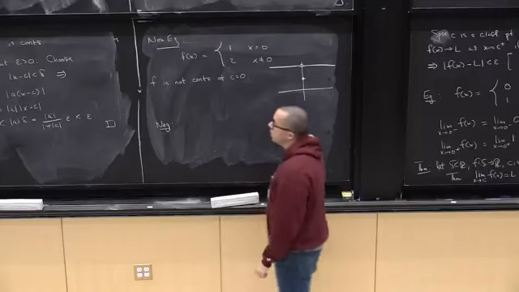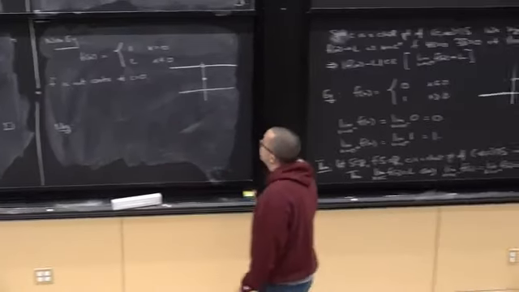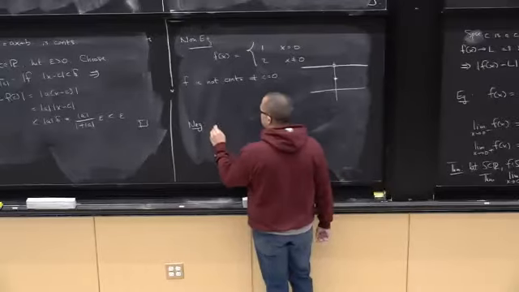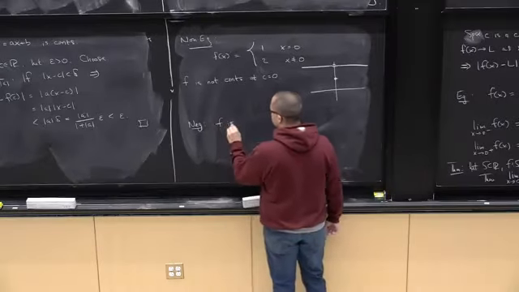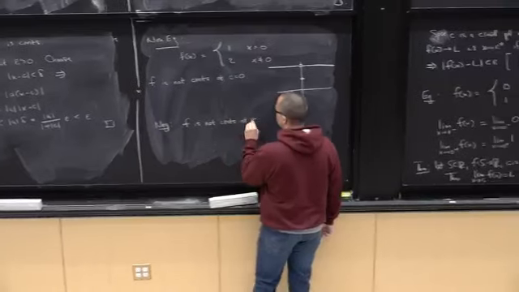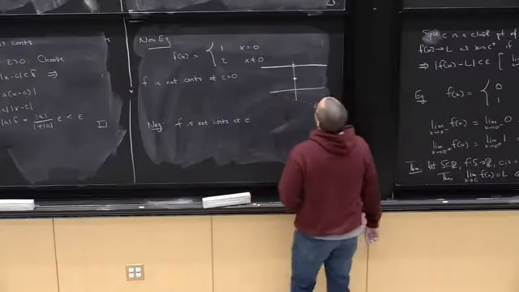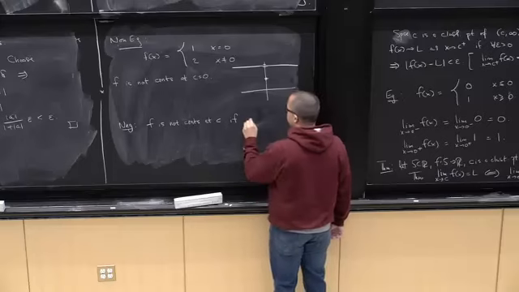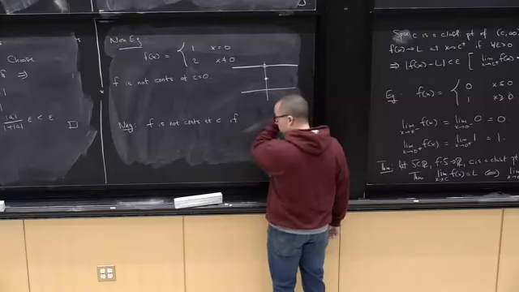let's negate the definition of continuity. So the negation of continuity is, f is not continuous at c if, the for alls become there exist, and the there exists become for alls.